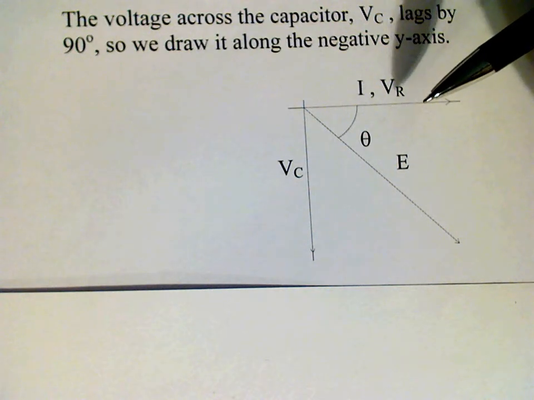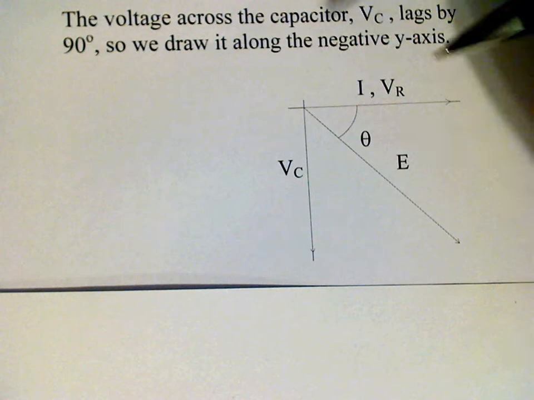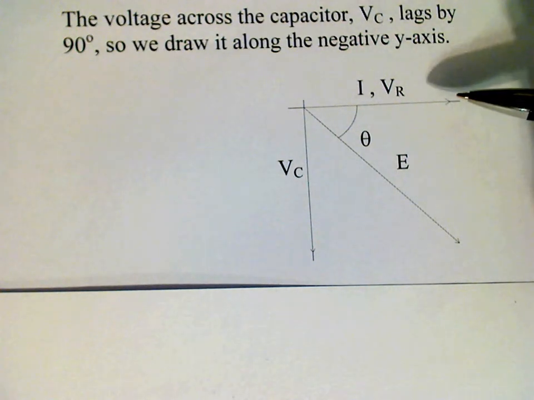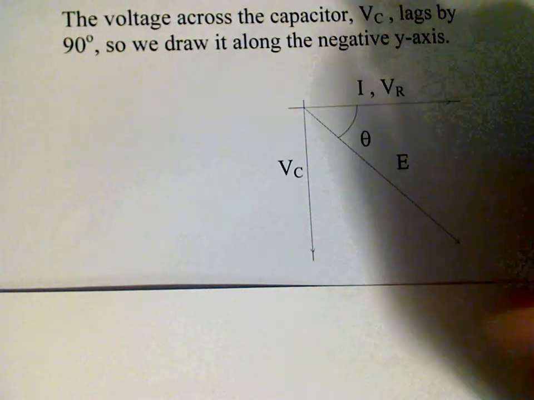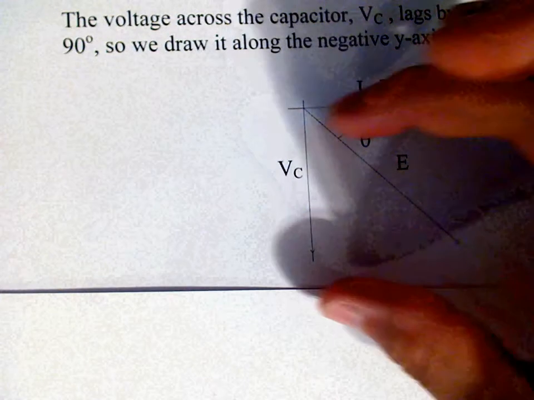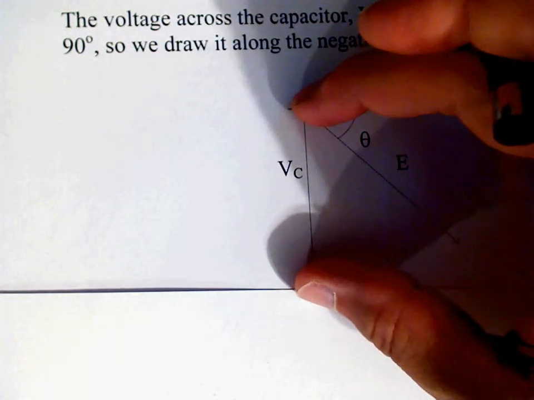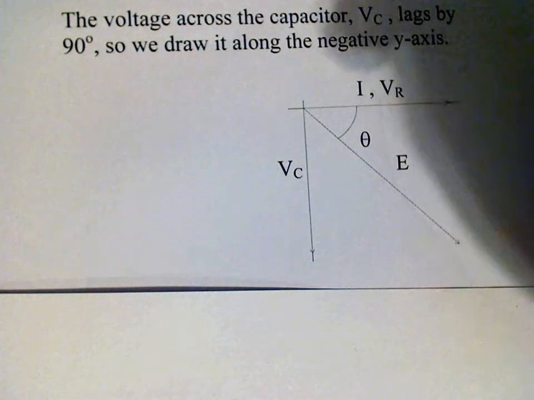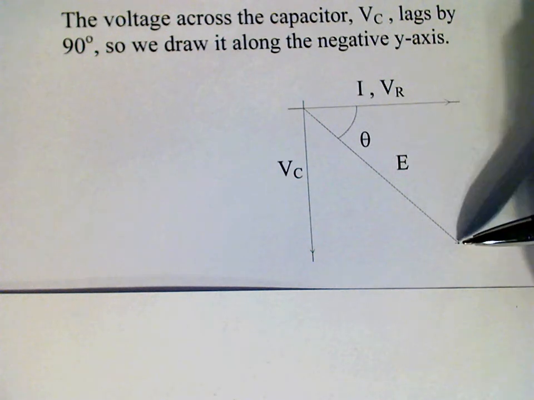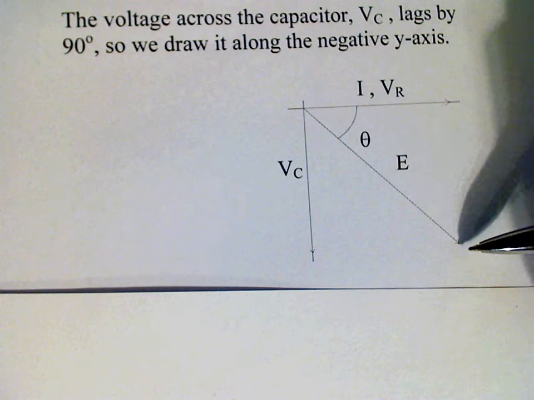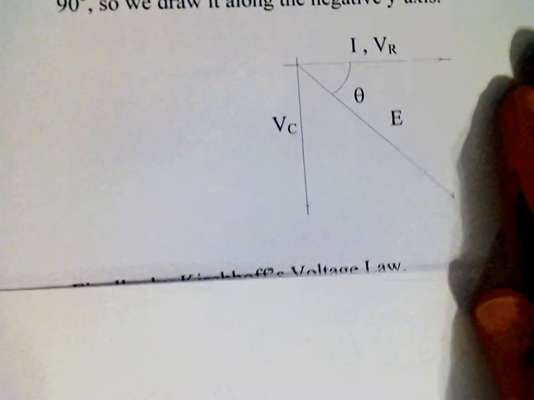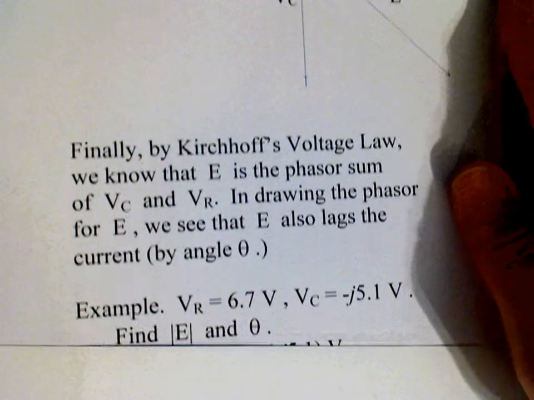And as you know, phasor addition, as we learned in the previous video, is accomplished by transferring one of the phasors to the tip of the other phasor. So imagine transferring this VC over here, and then the VC points from here down to here, and then we see that E must be the phasor sum of those two voltages. Okay, and that's given here.